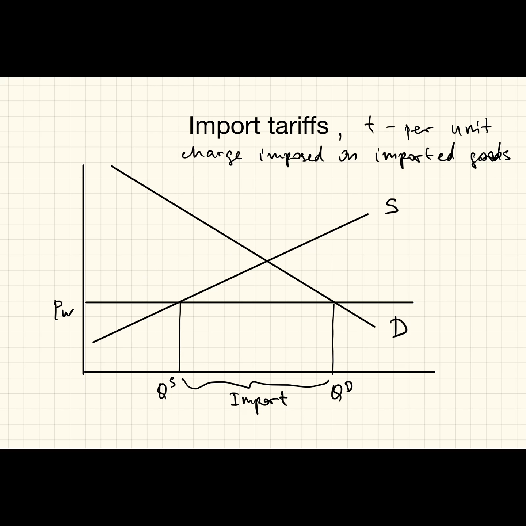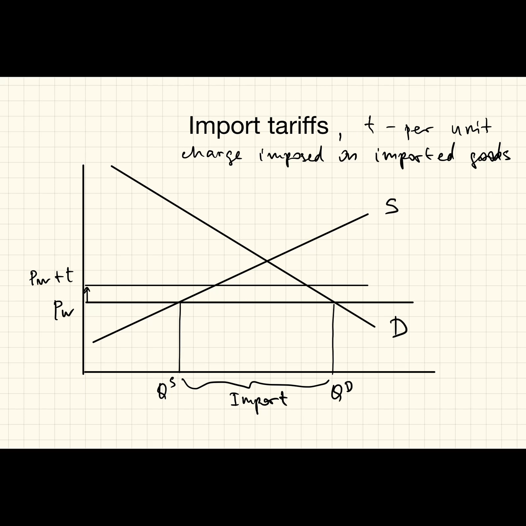So only when the price rises to PW plus T would we have this good imported into this market. So PW plus T is the price that's going to be at the domestic market now because of this tariff.